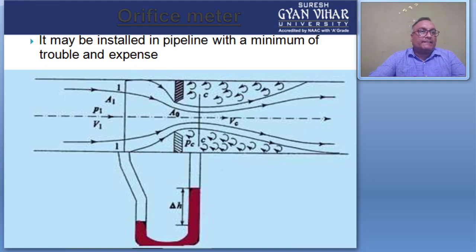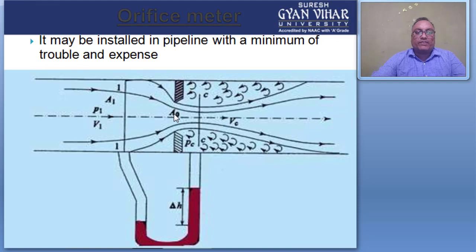Here is section 1 and this is section 2, giving the pressure at section 1 and the pressure at section 2. A shows the area of section 1, with the pressure and velocity at section 1, and this is the vena contracta area.